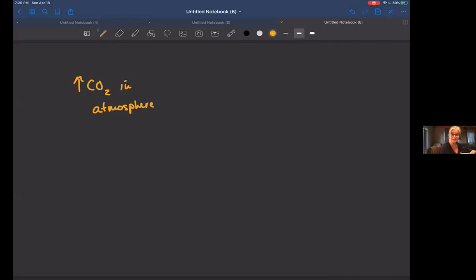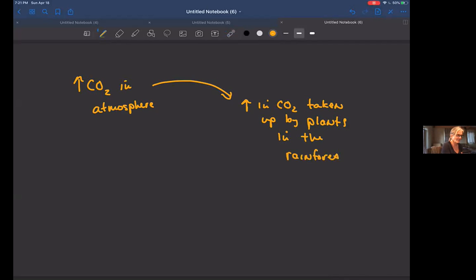As we increase the CO2 in the atmosphere, this causes an increase in CO2 taken up by plants in the rainforest. So we see that this is going to cause the plants to grow quicker because they have more CO2, right?